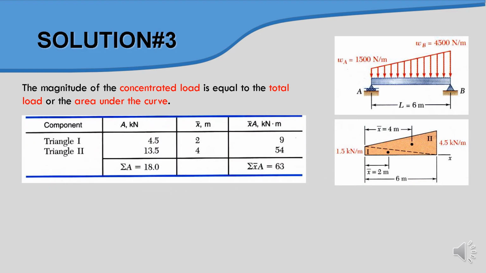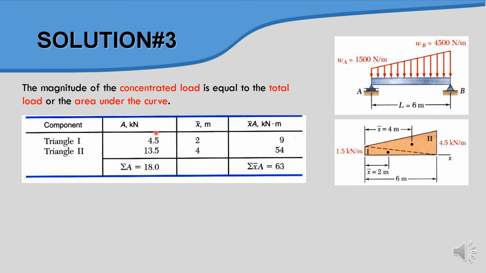So by using the table, we will get the value of the area of triangle 1 and triangle 2. For triangle number 1, the area is 4.5, which comes from 6 meter multiplied by 1.5 kN per meter and divided by 2.